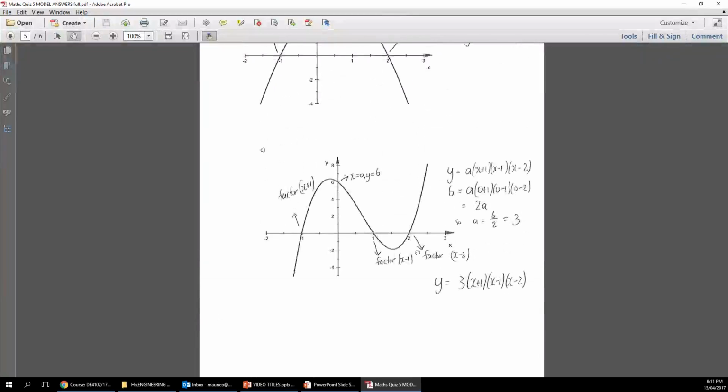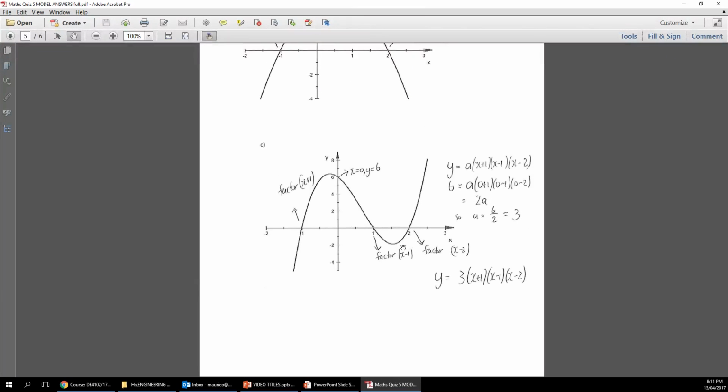Here we have another similar but a cubic graph. So we've got 3 factors, and we've got this typical cubic graph here. So remember, that'll be x plus 1 for the negative 1, that'll be x minus 1 there, that'll be x minus 2 there.